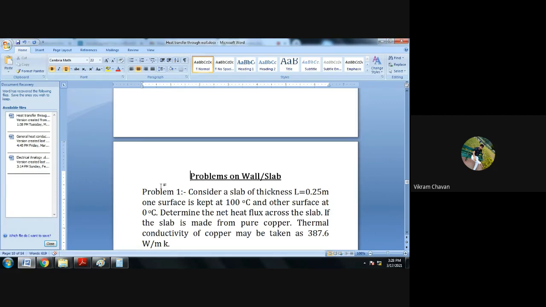Determine the net heat flux across the slab.